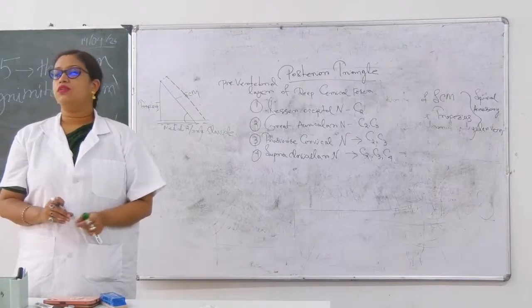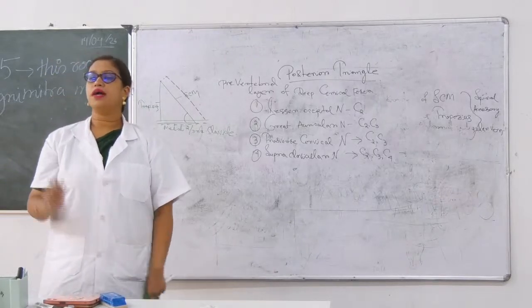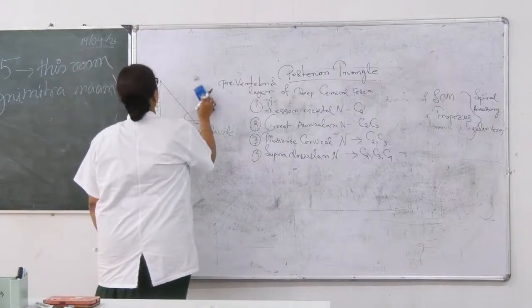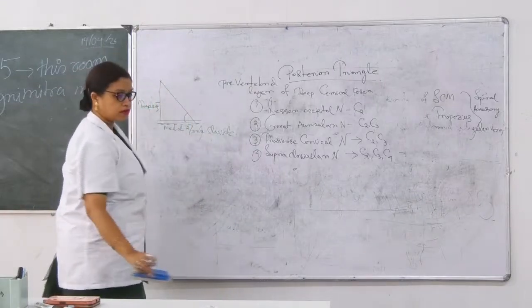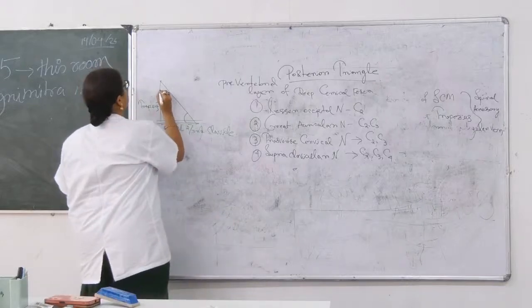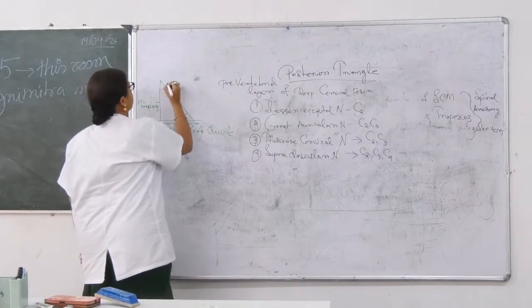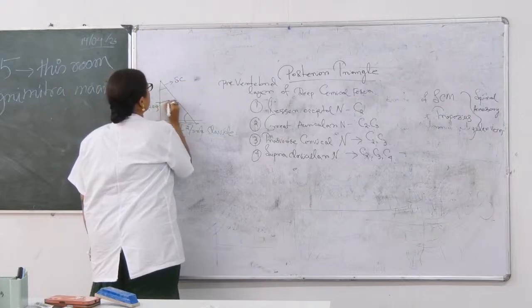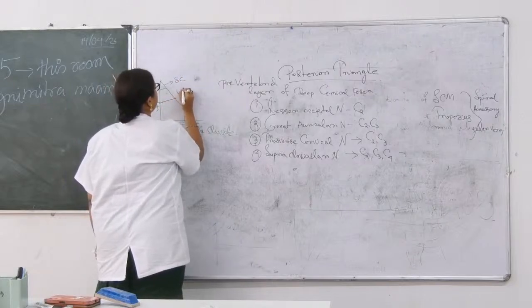Okay, one by one. So first one is, write it down. প্রথমে কাকে পাবি? এই এরিয়াটাতে কাকে পাবি? First, এরিয়াটাতে পাবি splenius capitis. Okay, this one is for the splenius capitis. Next one is for levator scapulae.